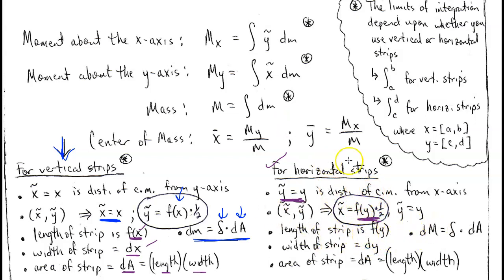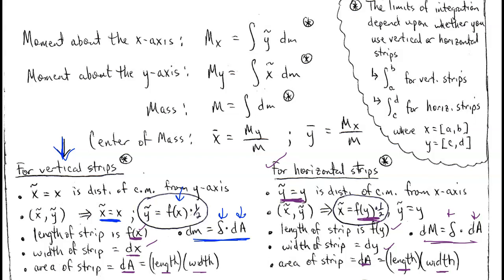Again, we need to know what dm is, and dm is just going to be the density times this area, or differential area, and the differential area is just going to be the area of the strip itself, which is going to be length times width, which in this case is going to be f of y times d of y, or dy.